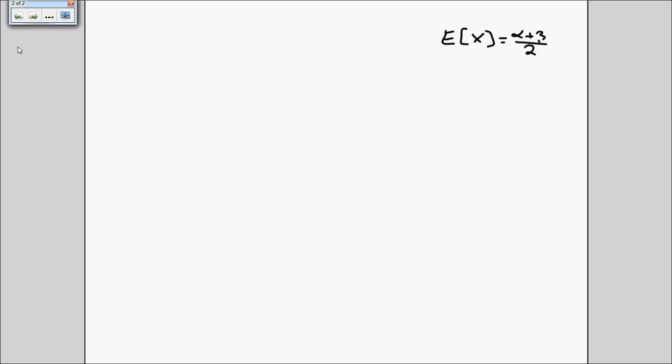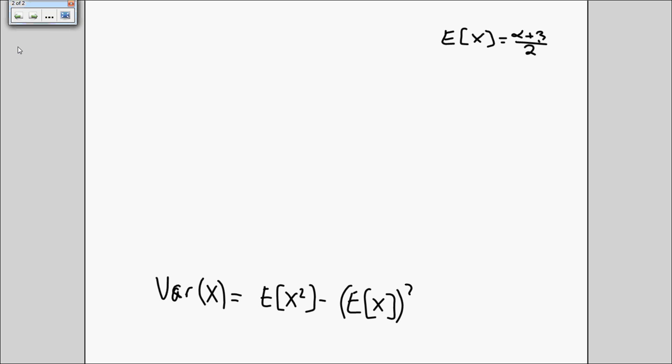The motivation is that one formula for the variance of x is E of x squared, something we don't have yet, minus E of x, which we do have, but we have to square it. I know how to square something. I need to find E of x squared.